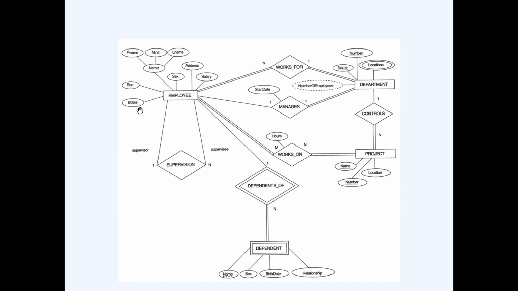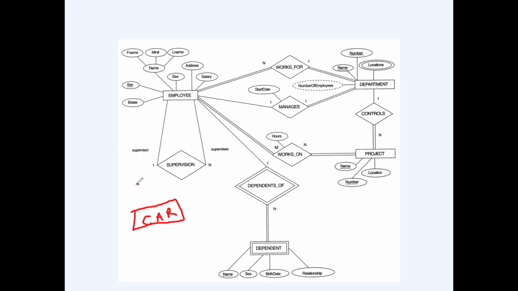Okay. So now I hope you understood the different types of attributes. We have simple attributes, we have compound attributes. Then we have multi-valued attributes. You have a double ellipse. So departments can be in multiple locations. When you have multiple locations, we use double ellipses. For example, let's say we have a car entity type, right?